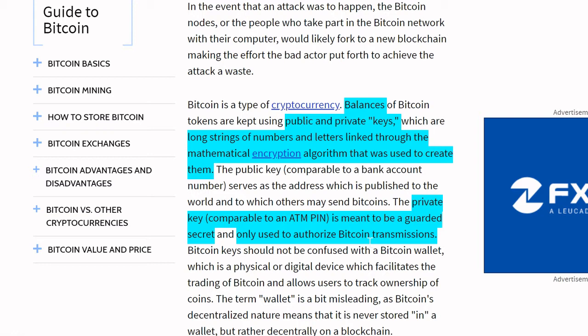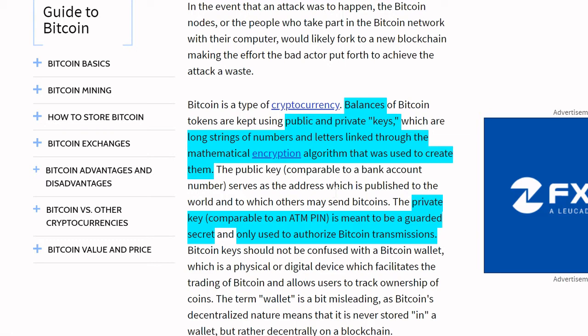But Coinbase could potentially be hacked. Private keys mean that you hold the keys to access your balance, so unless somebody is able to somehow get those private keys off of you, they won't be able to access your balance. These keys are basically long strings of numbers and letters that are linked together through a mathematical encryption algorithm that was used to create them.